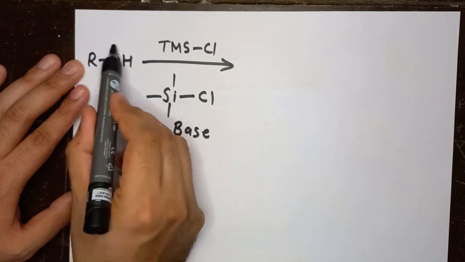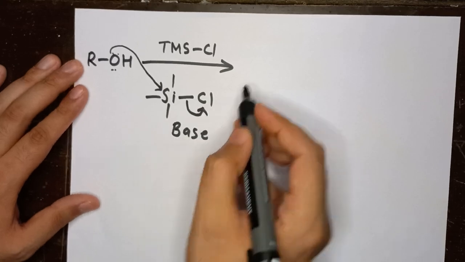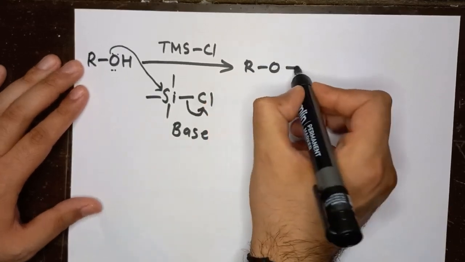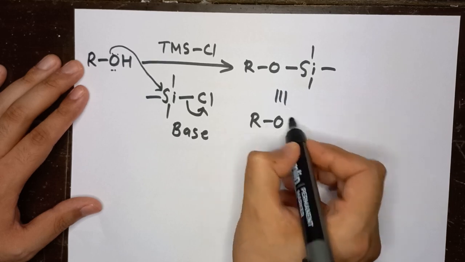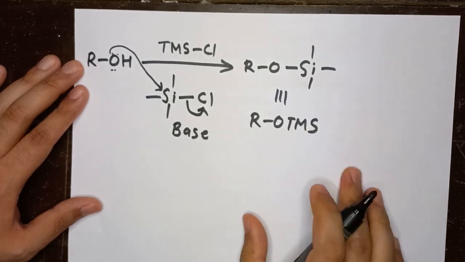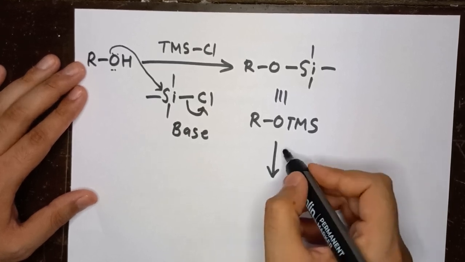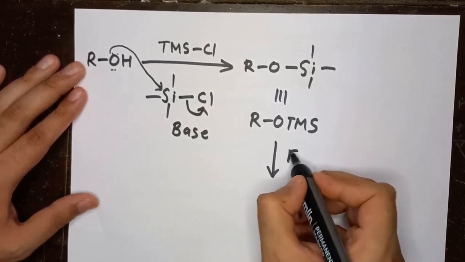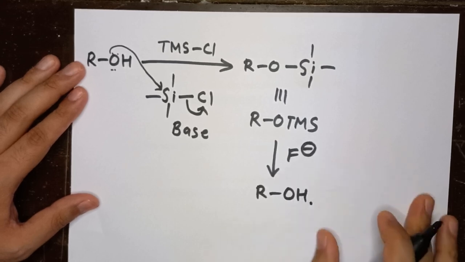So this oxygen lone pair will attack at this silicon. Chloride ion is going to leave, and you have formed ROTMS, right? And to deprotect, you can use F minus sources, and you will be able to generate ROH.